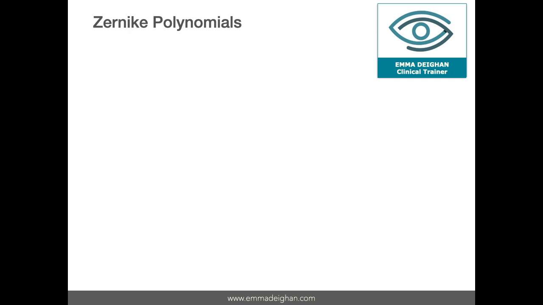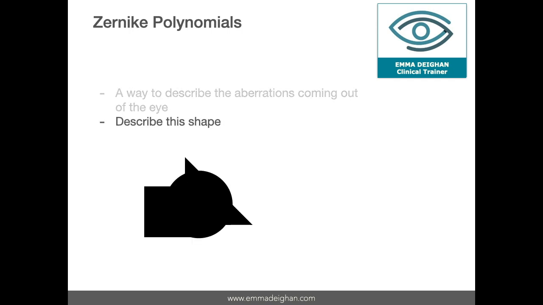Zernike polynomials are really the way that we describe these aberrations. They're a mathematical term and seen as very complicated. I'd like to simplify it so that you can understand it really from first principles. So what we're going to do is we're going to look at this shape. To give that shape a name is quite difficult.